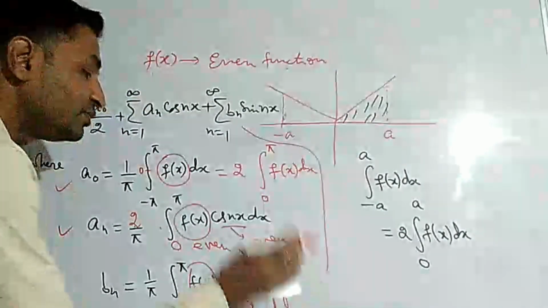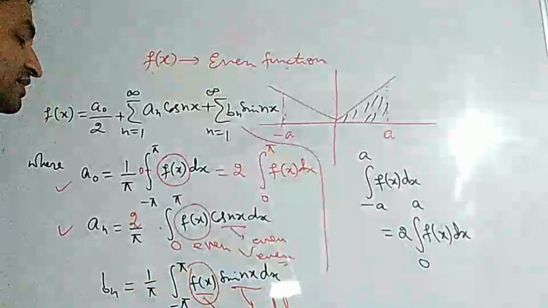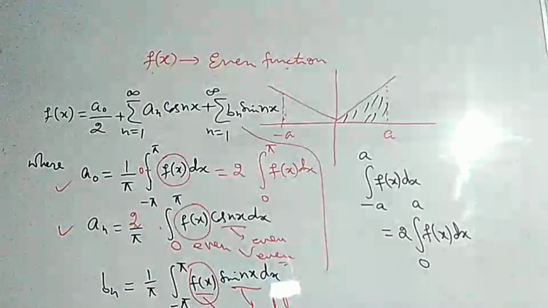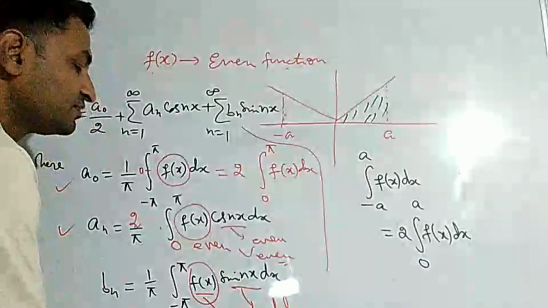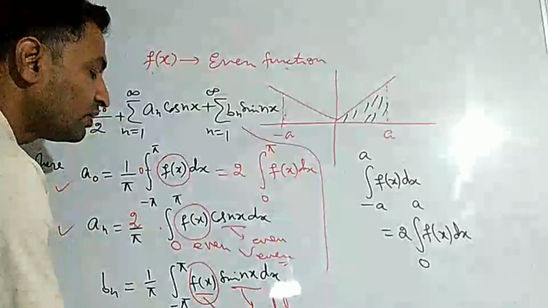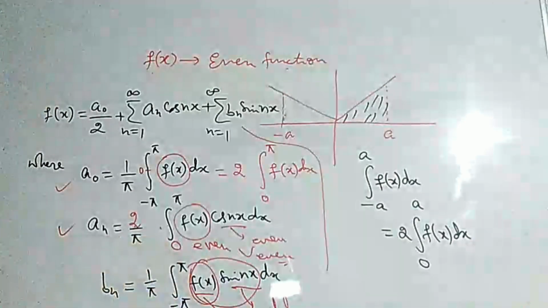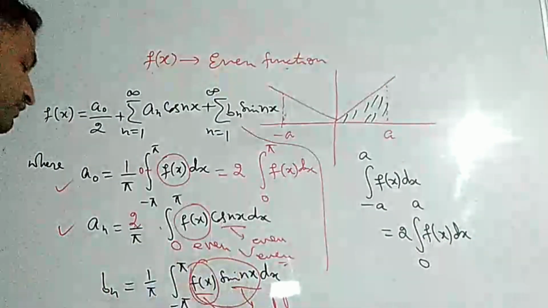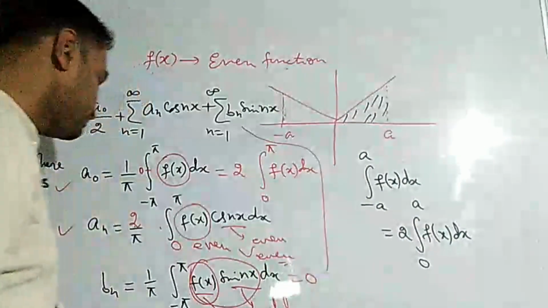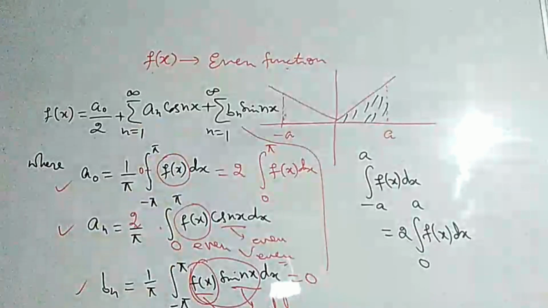Multiplying an even with an odd function is just like plus into minus, which gives us a minus value. Similarly here, even into odd gives you an odd function. So ultimately, what we are getting inside is an odd function. If it is an odd function, then it will give you 0. So bn is equal to 0.